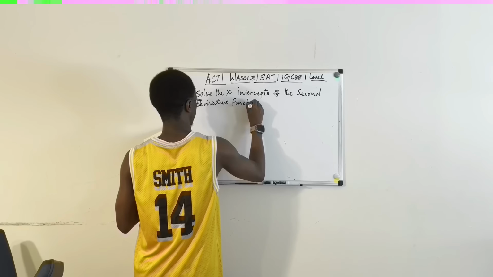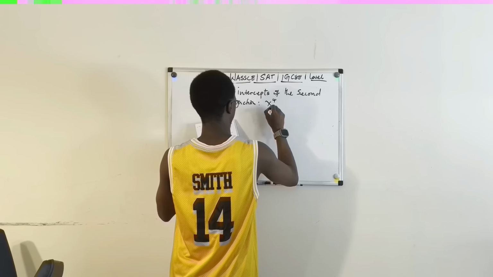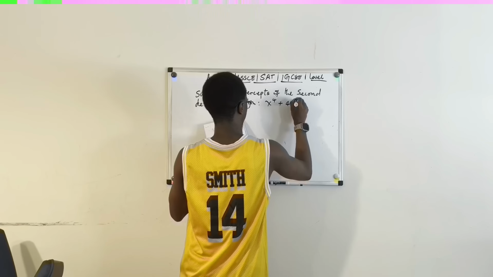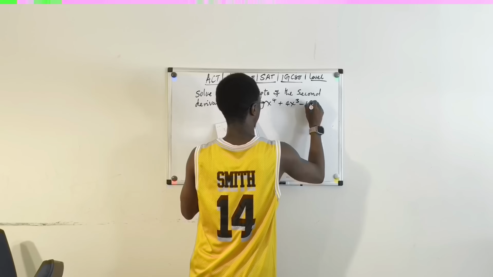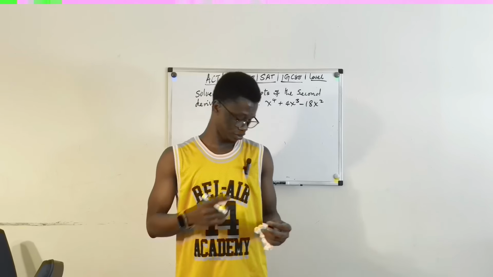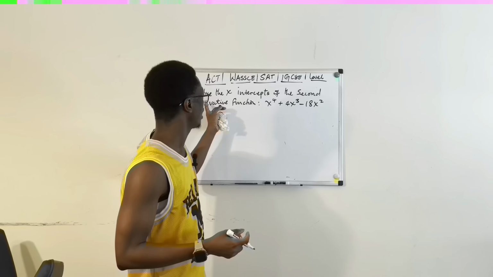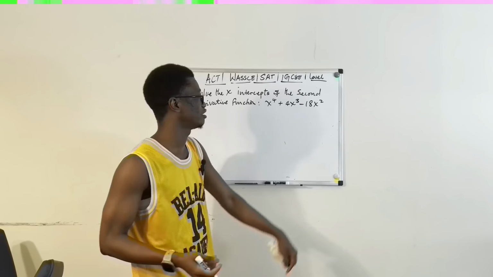So we are given the function x raised to the power 4 plus 4x cubed minus 18x squared. That is the question. We are asked to solve the x-intercept of the second derivative of this.